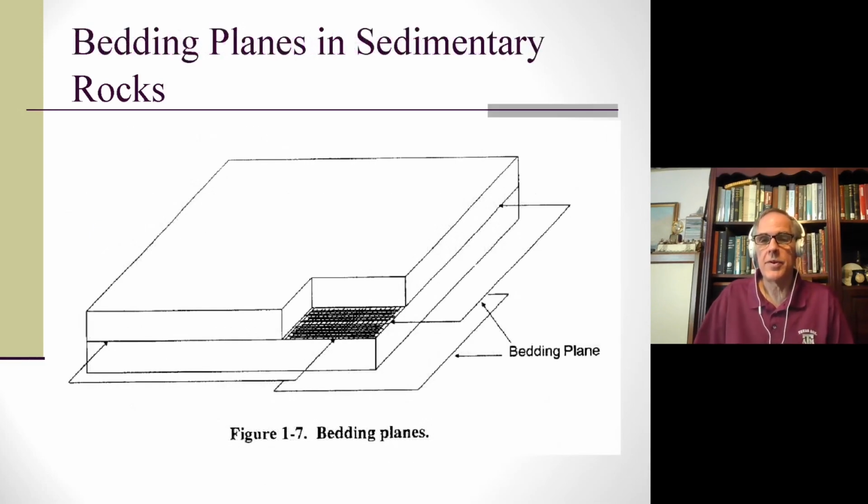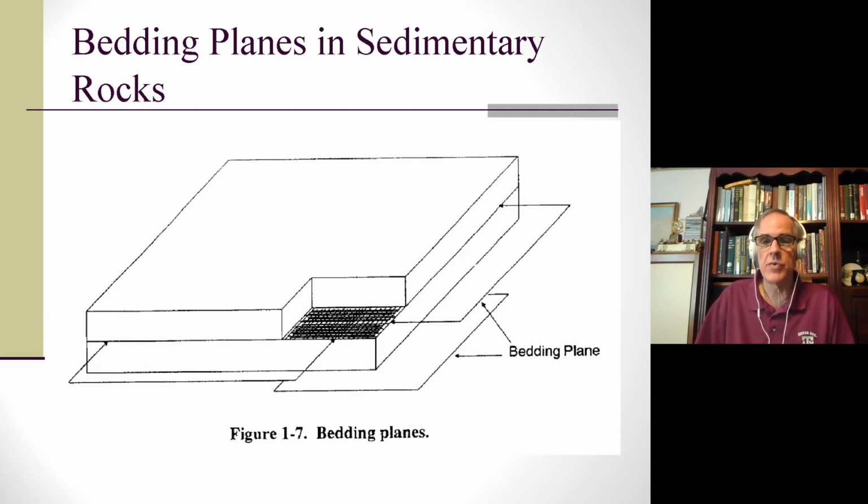One thing about sedimentary rocks is that they lay down in layers. They lay down in layers, and then there's this layer and this layer. Changing conditions at the Earth's surface will vary those layers. Sometimes the sedimentation will stop and start again.